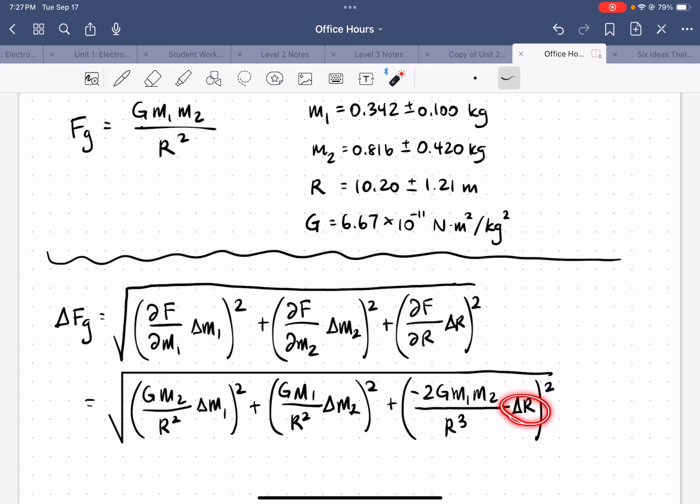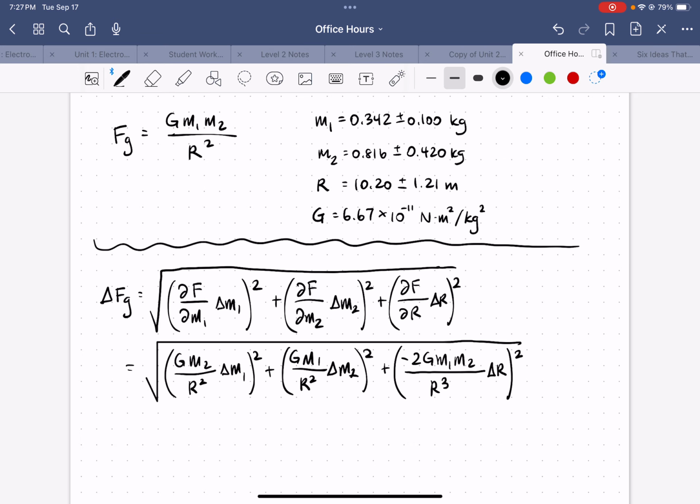So effectively we have 2 powers of length in the denominator, so this still has the same units as well. This is all good, has the right units, and if we plug in all of the numbers and do the calculation, we end up getting that the force is equal to about 1.79 times 10 to the negative 13, plus or minus 1.07 times 10 to the negative 13 newtons.